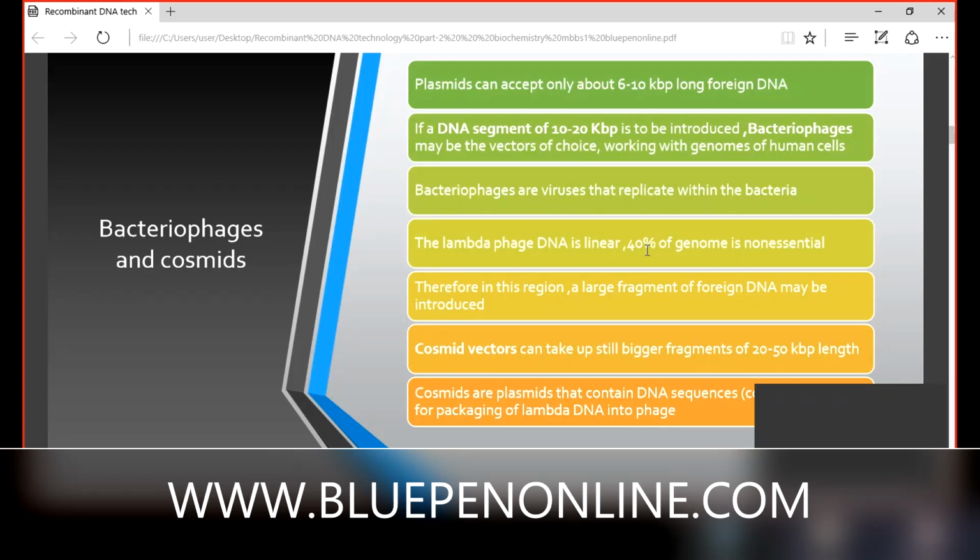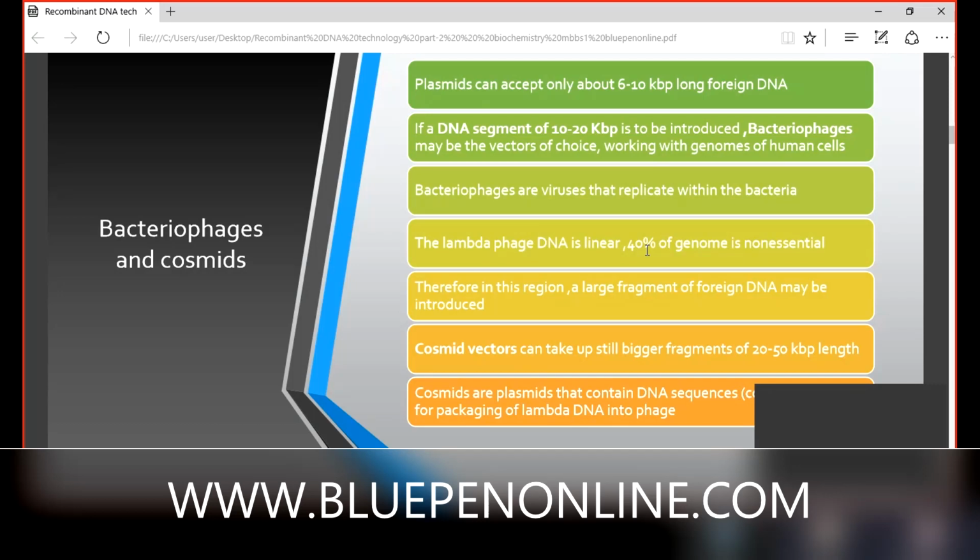Lambda phage DNA is linear, and 40% of the genome is non-essential. Therefore, in this region we can introduce a large fragment of foreign DNA. In the case of plasmids, a very common one is pBR322.